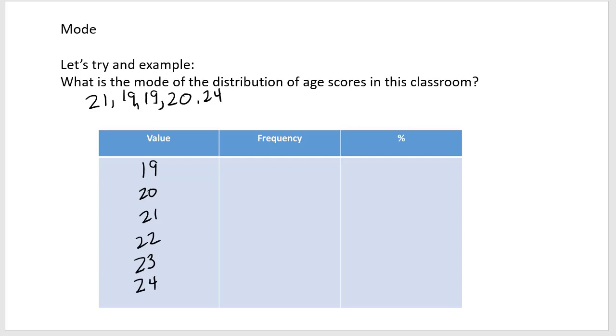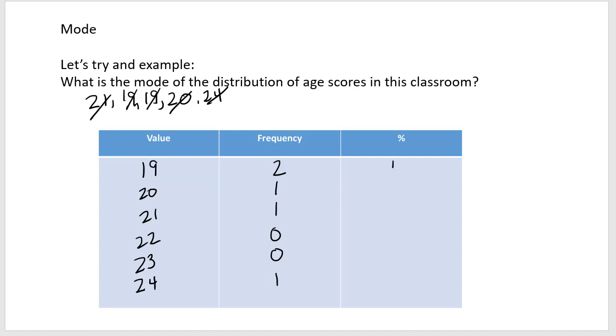The frequency of 19 is 2. The frequency of 20 is 1. The frequency of 21 is 1. There is no 22, there is no 23, and there is only one 24. If we wanted to plug in our percentages, we could do that.